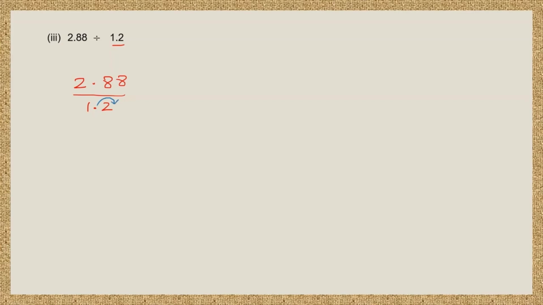That means I need to multiply my number by 10. 10 has only one zero, so the point moves only one place. Similarly, multiply the numerator also by 10. So now what do I get? When I multiply by 10, the point moves one place to the right, so I get 28.8 in my numerator and 12 in my denominator.